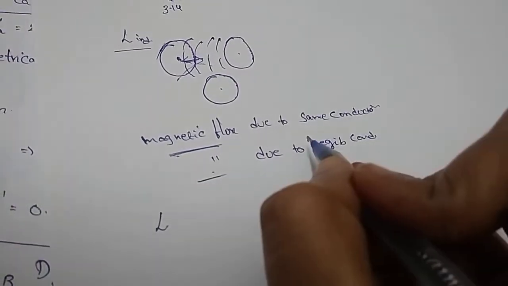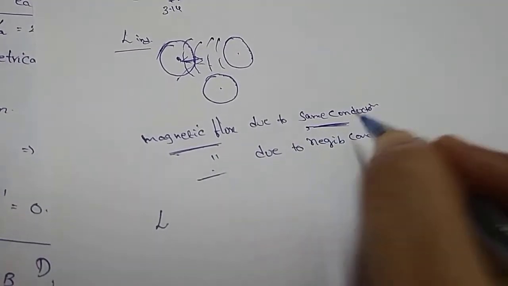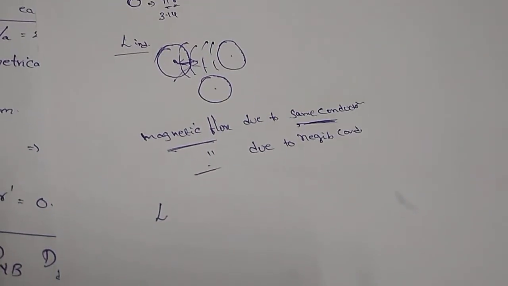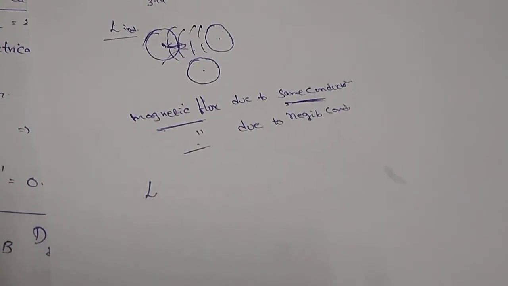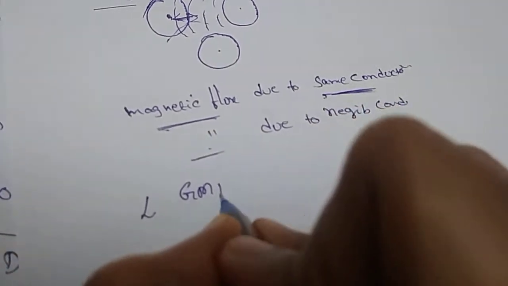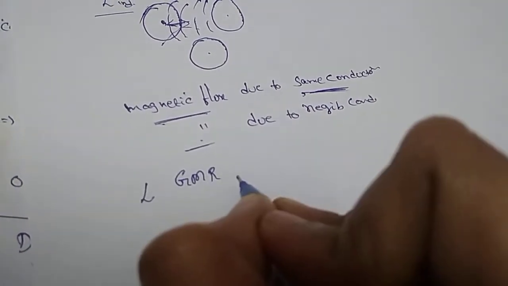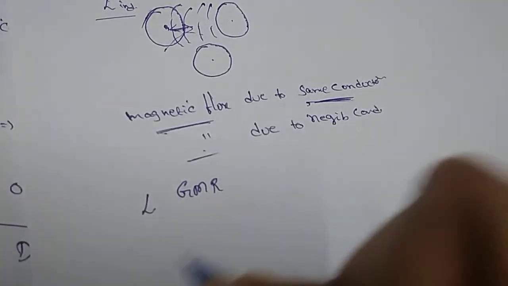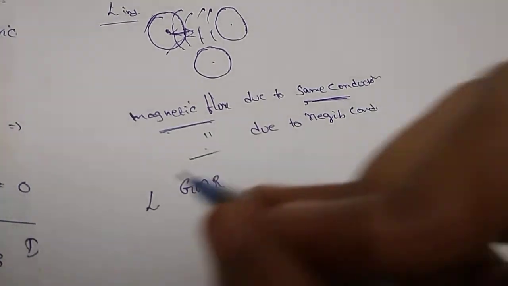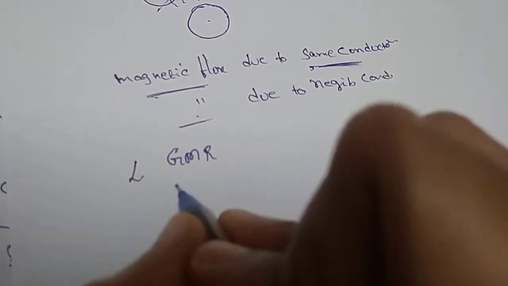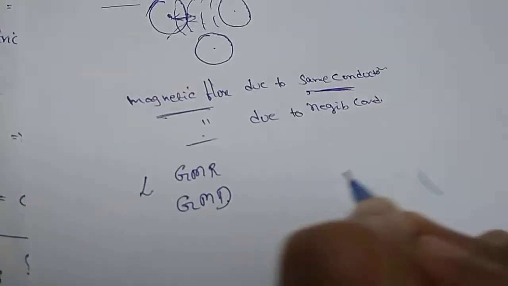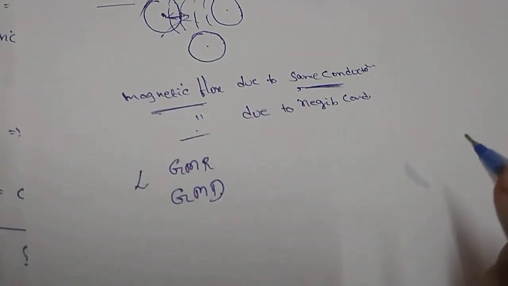When you consider the same conductor, how much effective area is influenced, we will consider that as GMR, geometric mean radius. If you consider the distance between the other conductors, we will consider it in the name of GMD, geometric mean distance.